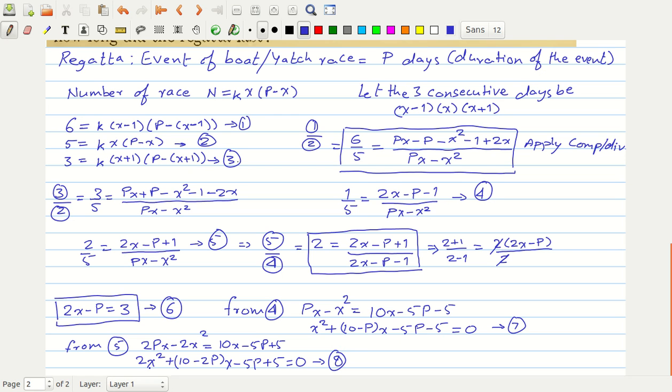So, we can simply subtract this equation, or we can say equation number 8 minus 7 gives us 2x square minus x square is equal to x square plus 10 minus 2p minus 10 minus p.